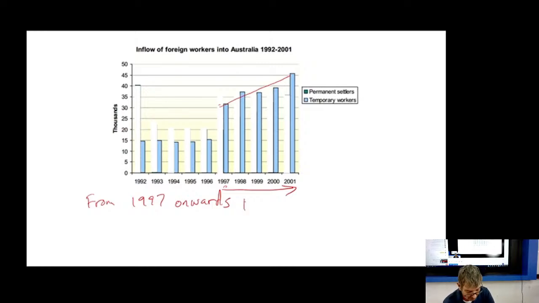Well, let's have a different way of saying it. Let's use there was, there was. Okay, there was what? There was an increase. What kind of increase? Well, it's quite steady, right? It's going steady. So there was a steady increase.